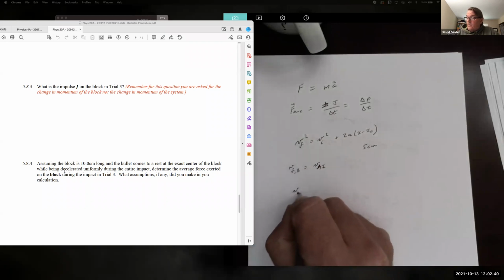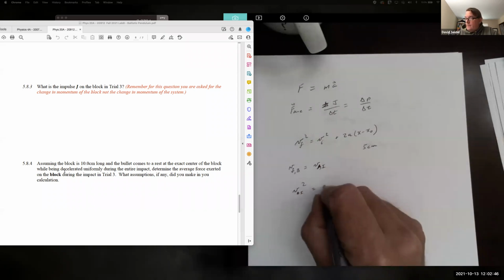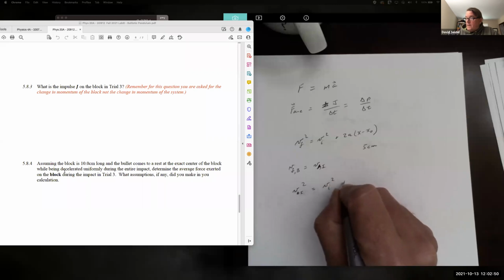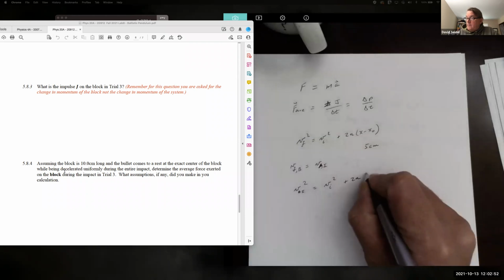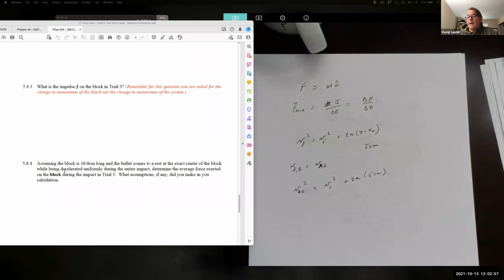So V after impact squared equals V initial squared plus 2A times 5 centimeters. Right? You following so far? Yes. Okay.